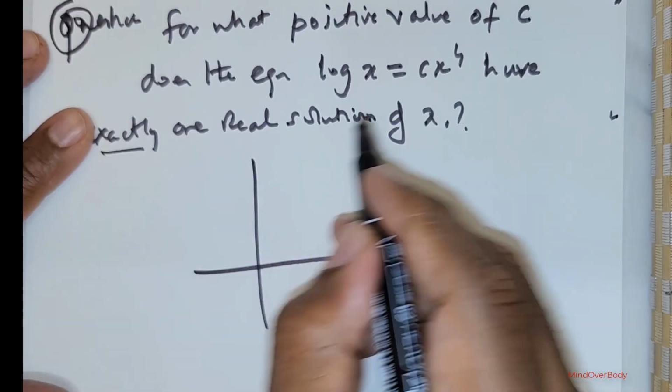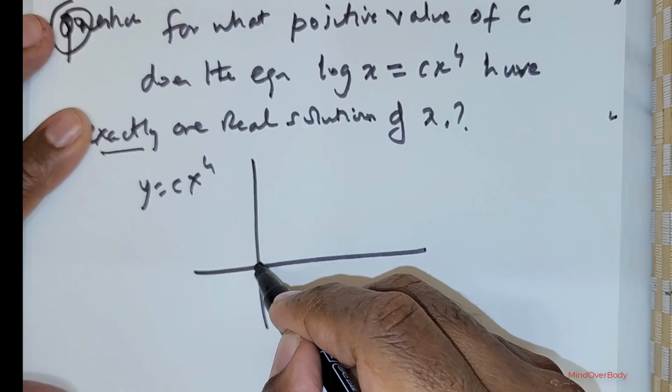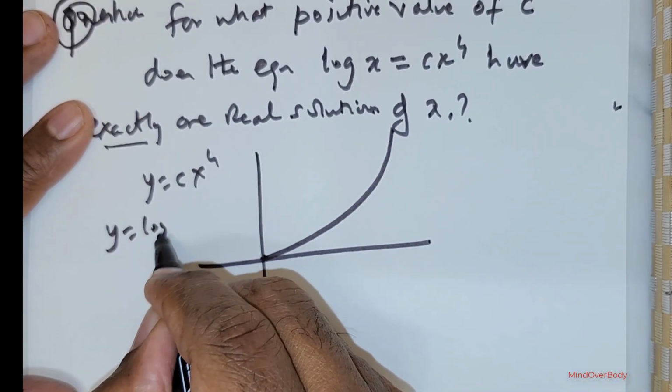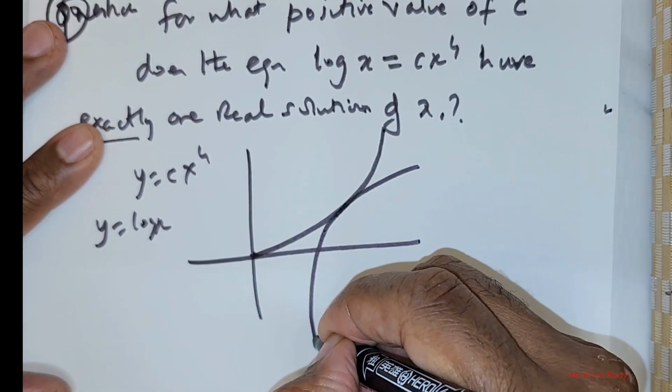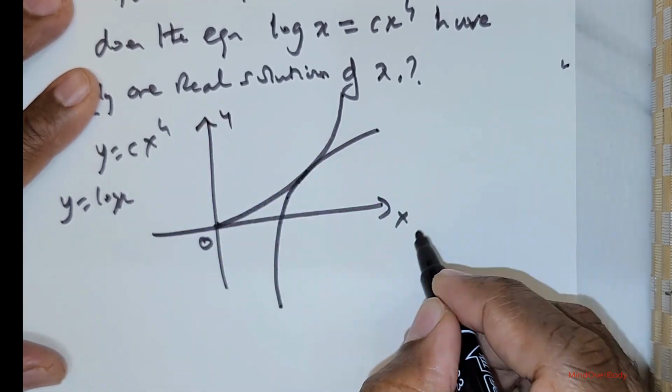Okay, now y is equal to c times x to the power of 4. Now this graph is going to be something like this, and y is equal to log x. This graph is going to be hitting and going like this. So this is the x-axis, this is the y-axis.